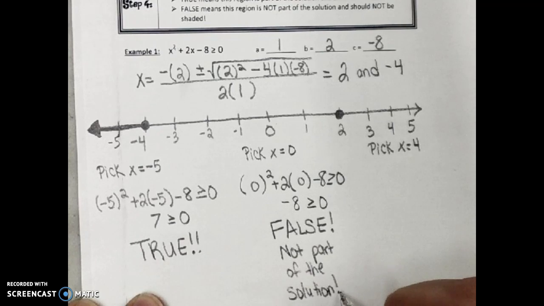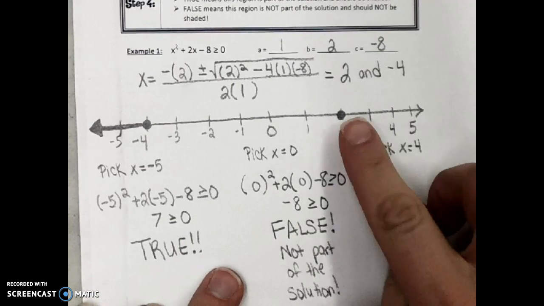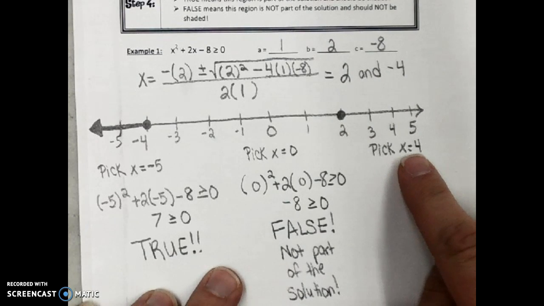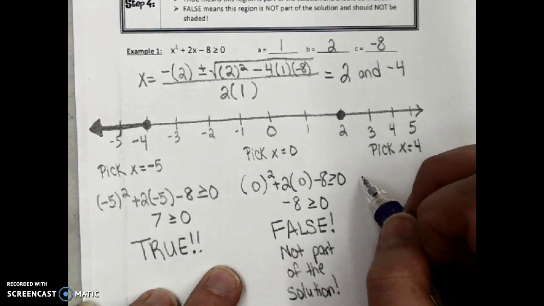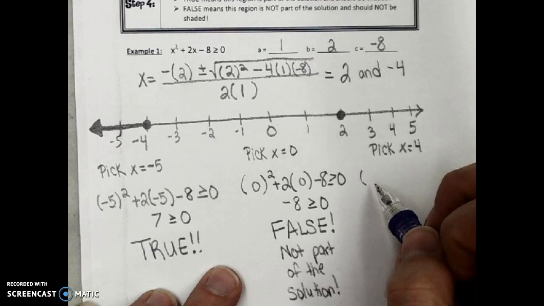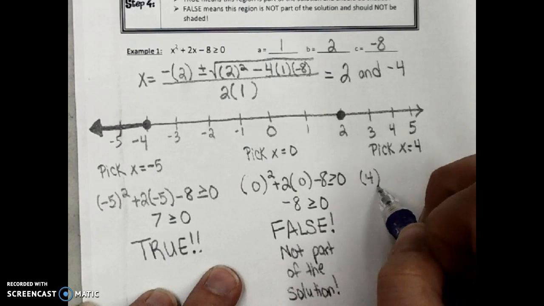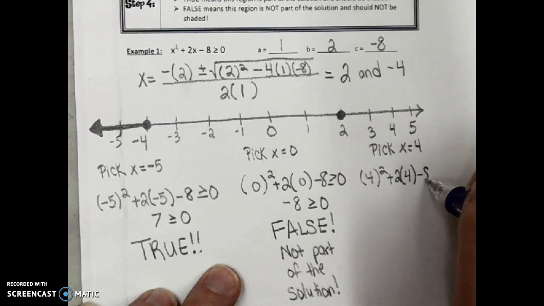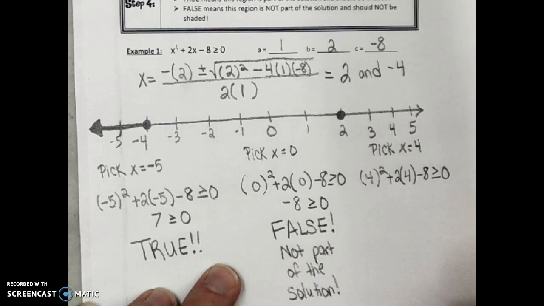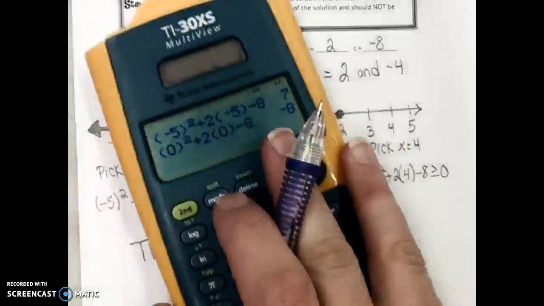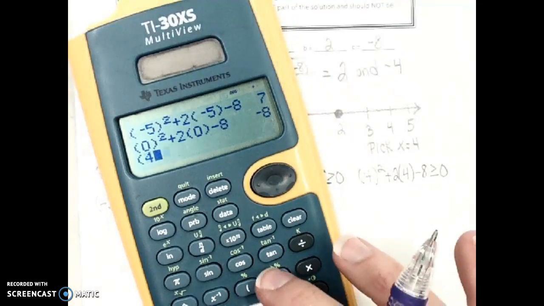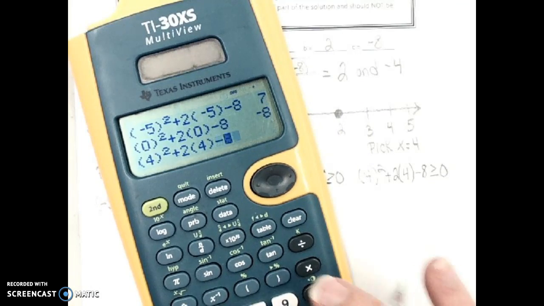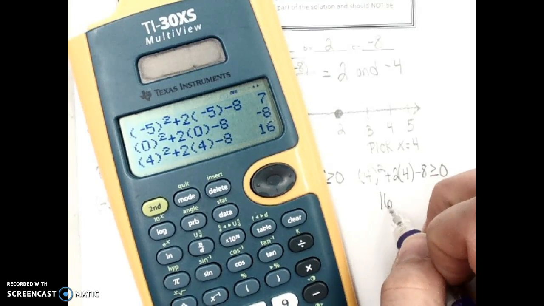Finally, I'm going to check the right side of my 2 boundary points. I picked 4, so I'm going to use 4. If I had picked something different, I would use that number. So I have 4 squared plus 2 times 4 minus 8 greater than or equal to 0. I plug it in my calculator. 4 squared plus 2 times 4 minus 8 gives me an answer of 16.